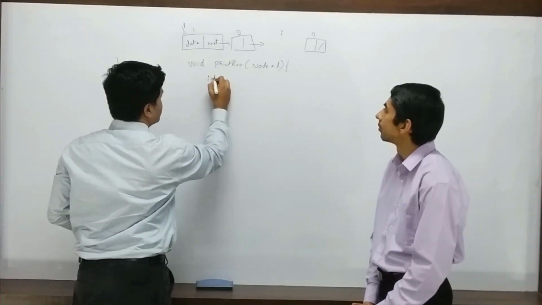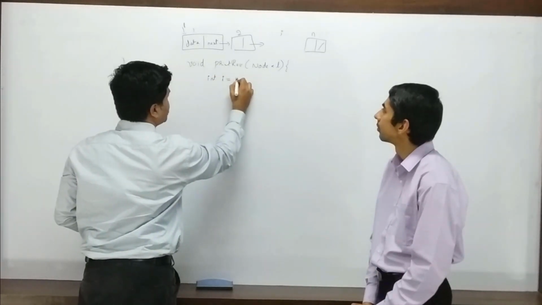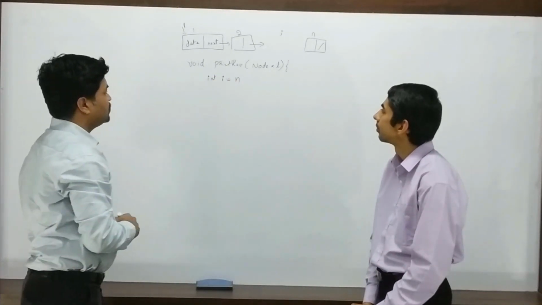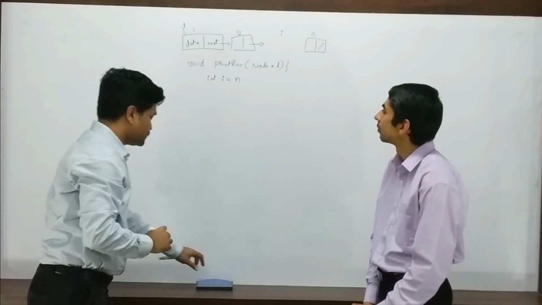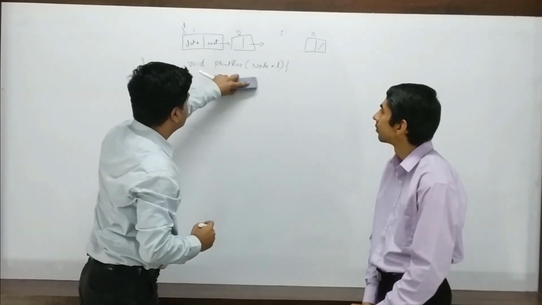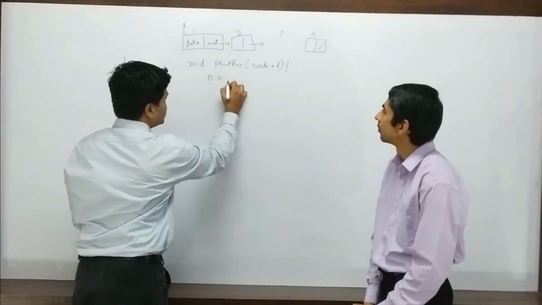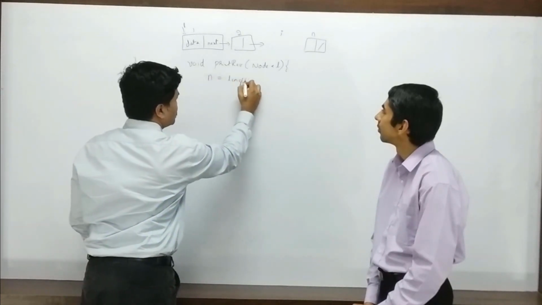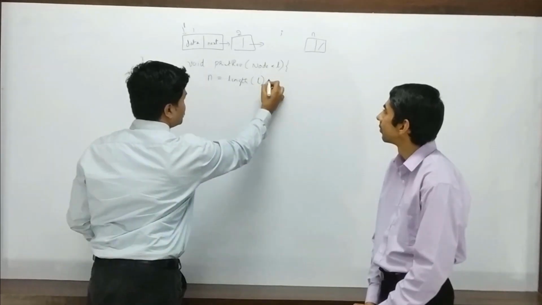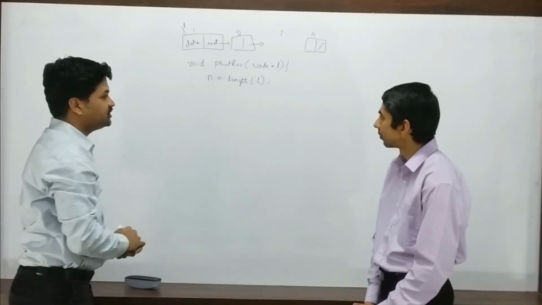So I need i to be equal to n to start with, and we don't know n actually, sorry. We need to know the length of the list, that is not given. So n is the length of the list. This can be found out in a simple linear method, it's very trivial.